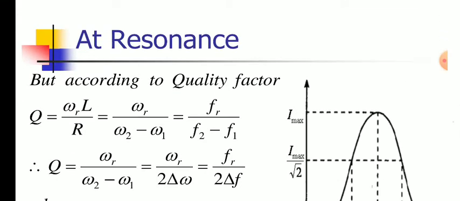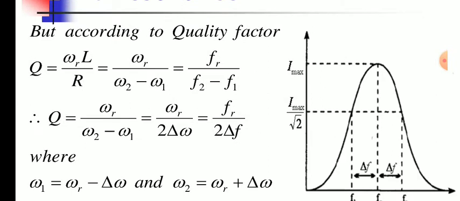Therefore omega R is equal to 2 pi FR, and in omega 2 minus omega 1, 2 pi is common, so F2 minus F1. So 2 pi gets cancelled, and in terms of frequencies, that is resonant frequency and half power frequencies, the quality factor Q is given by FR divided by F2 minus F1.